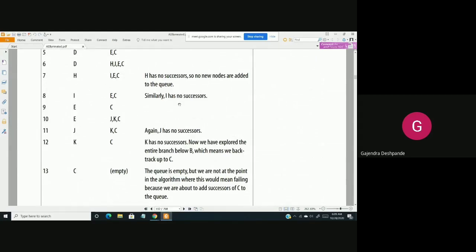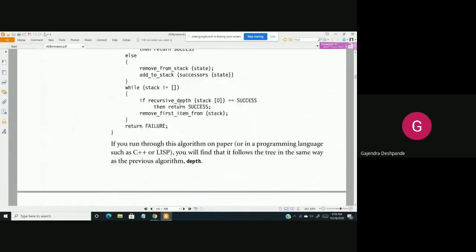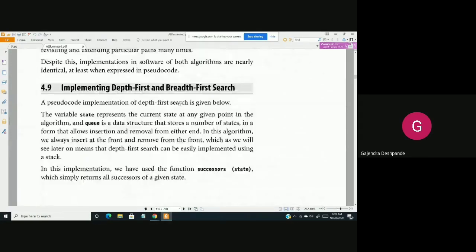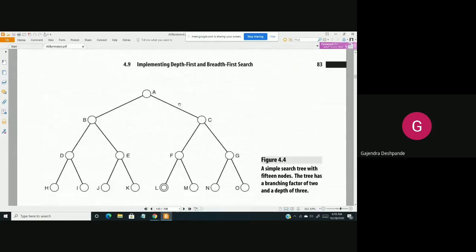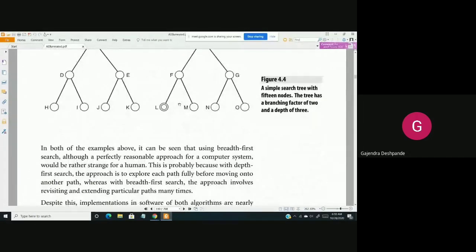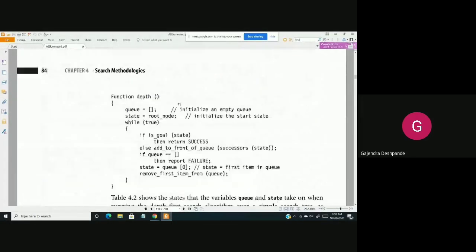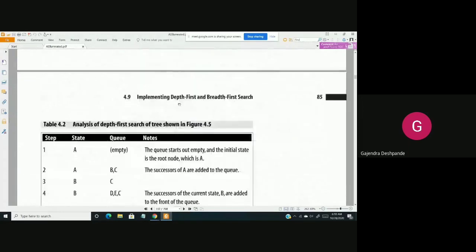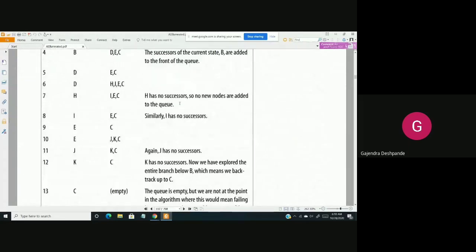When you reach node E, you will find here that the node has two successors, J and K. So now add J and K to the tree, and J and K to the queue. J and K are added to the front of the queue in the 10th step.